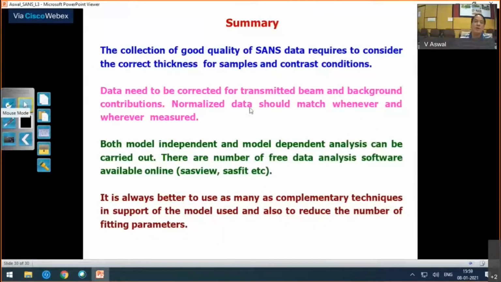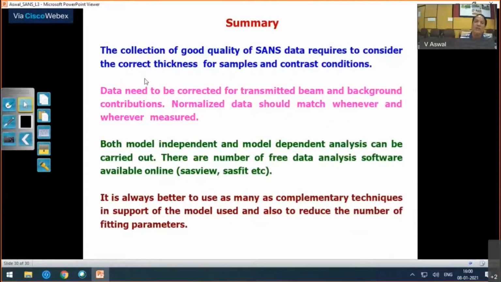So to conclude, when you want to do all these things, it is important to prepare and measure the samples correctly, and also to do the data reduction correctly. To collect good quality scattering data requires considering the correctness of the sample and contrast conditions.